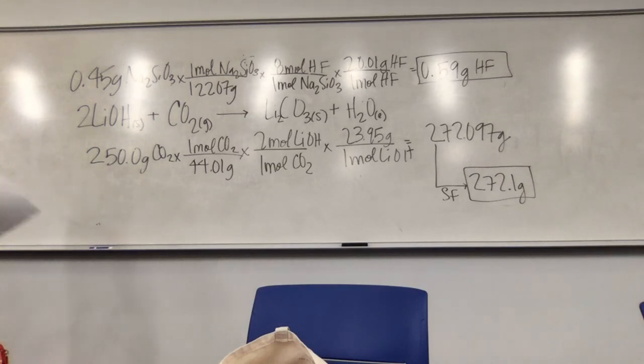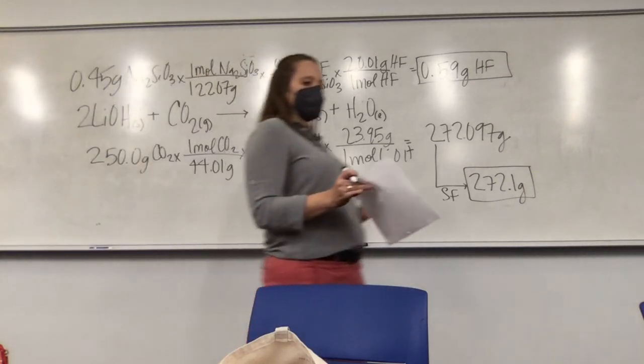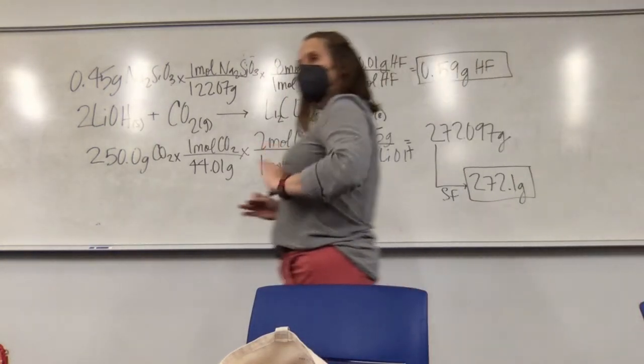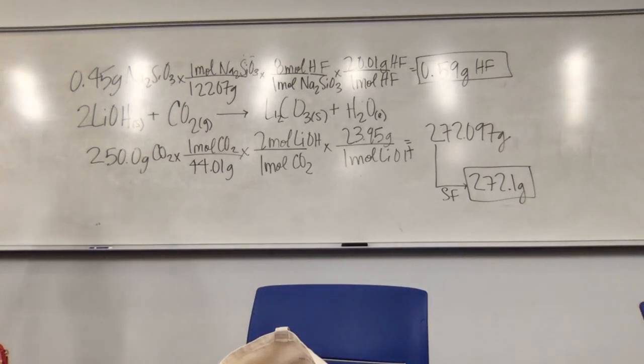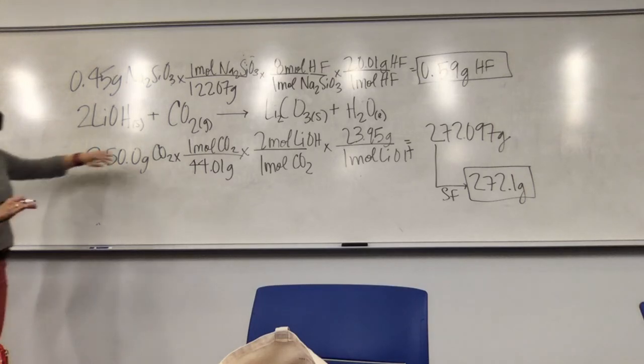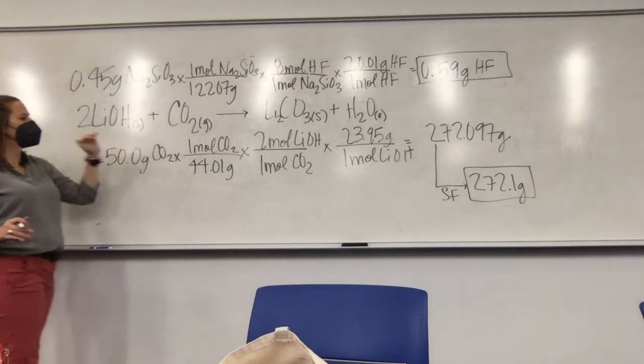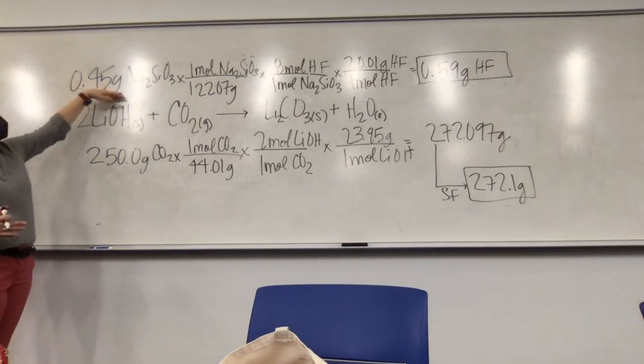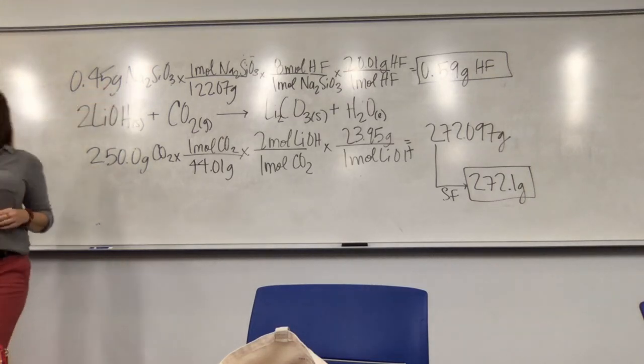So, now we're going to start talking about limiting reactants. What we want to start to think about, thus far we've said, if we have this much CO2, how much of this do we need? Or if we had moles of sodium silicate, how much HF do we need?